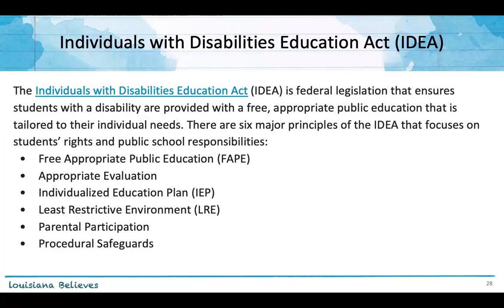There are 6 principles of the IDEA that focus on students' rights and public school responsibilities, and they include free, appropriate public education, or FAPE, appropriate evaluation, an IEP, least restrictive environment, parental participation, and procedural safeguards.